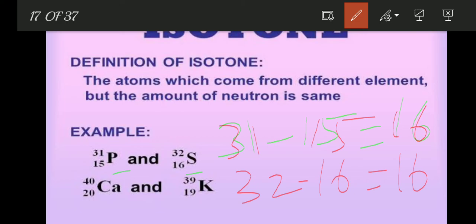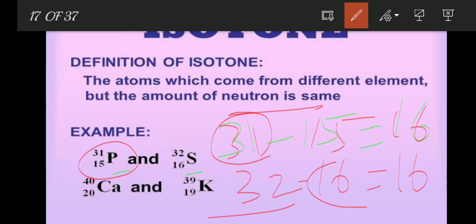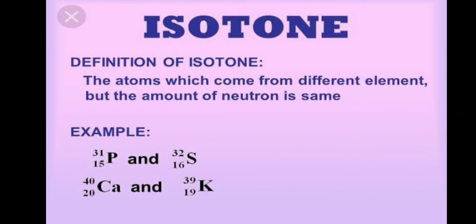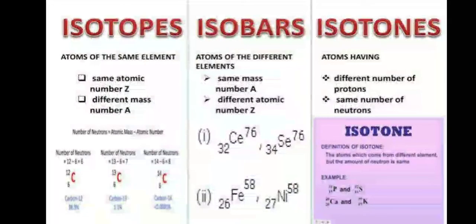Look at the picture. Phosphorus: atomic number 15, mass number 31. Sulfur: atomic number 16, mass number 32. But the neutrons are the same. This is called isotone. Isotopes, isobars and isotones.